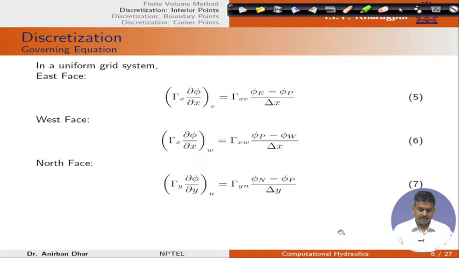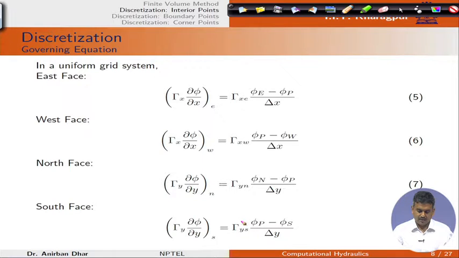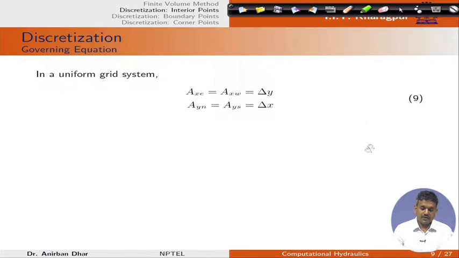North face, this is gamma y n, phi N minus phi P divided by del y, and south face we have gamma y s, phi P minus phi S divided by del y. We can consider the uniform grid system where for x and y direction we have fixed values for intervals del x and del y.